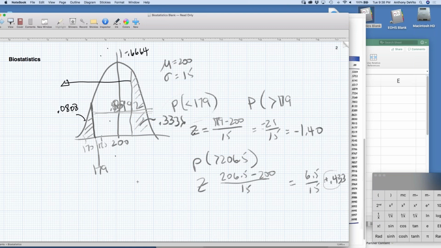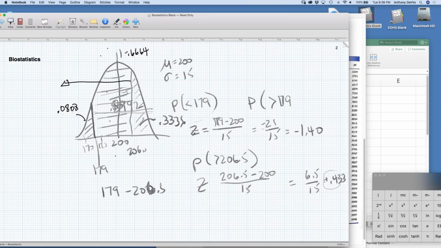Now, what if I asked you, what's the probability that you would randomly choose someone whose weight is between 179 and 200, I'm sorry, not 200, 206.5. Well, where's that area? That area is going to be the area between the two that we just determined. So that's 179 to 206.5. Well, what is that area?